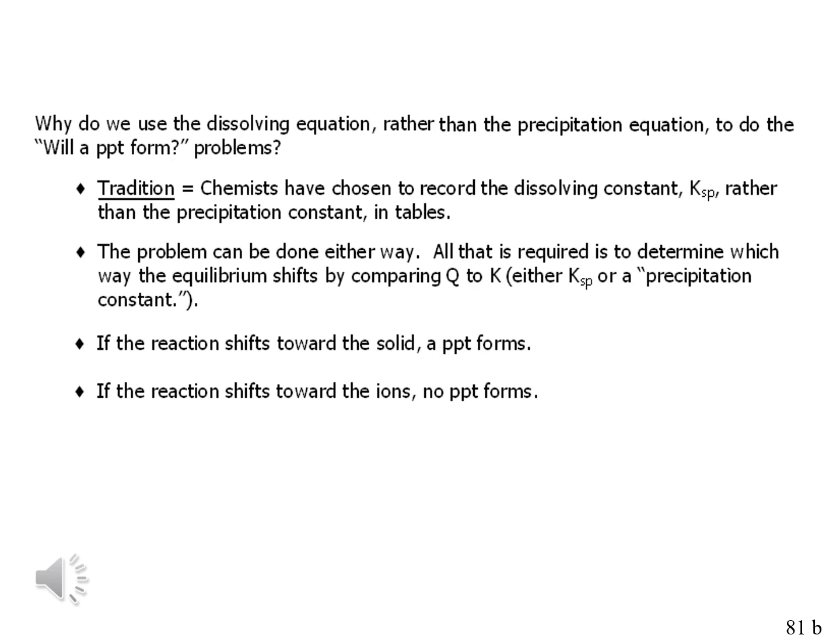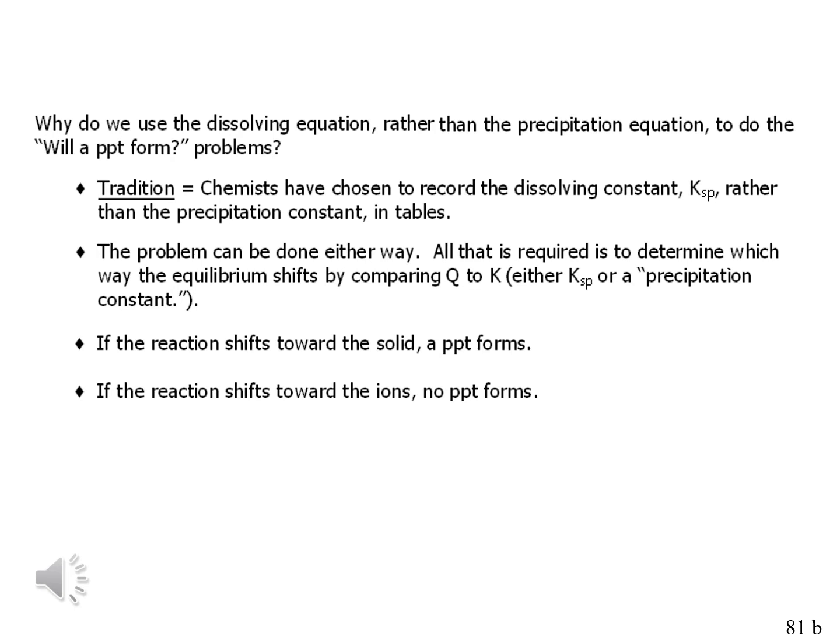You could do it either way, but the way we do it is with a dissolving equation, and it's basically because of tradition. Chemists have usually chosen to write the precipitation equilibria as dissolving rather than precipitating.